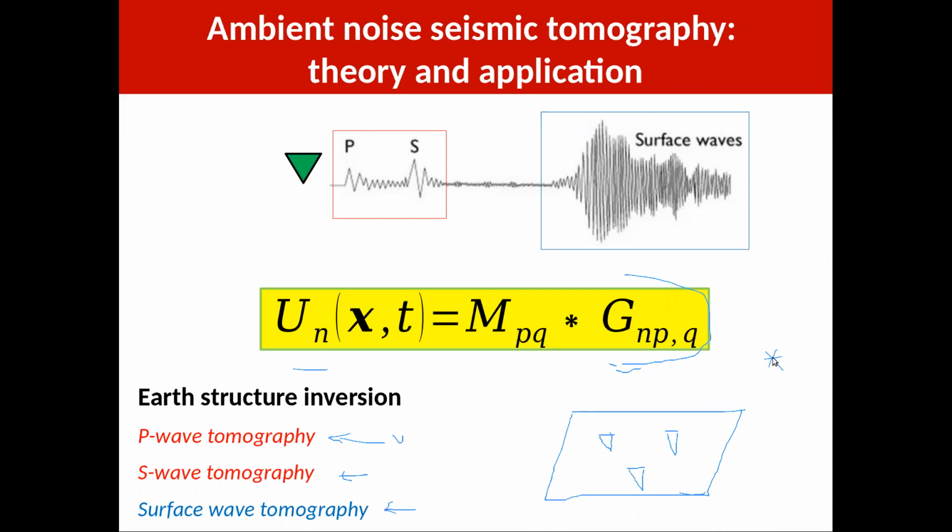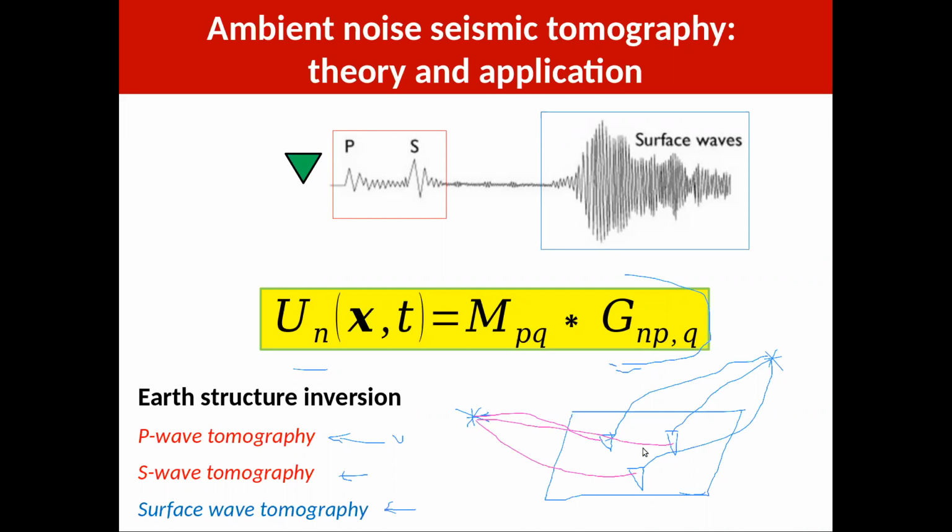If there is an earthquake, then the wave travels from the source to these stations. And if we get another earthquake here, this one will also travel from this source to this station.